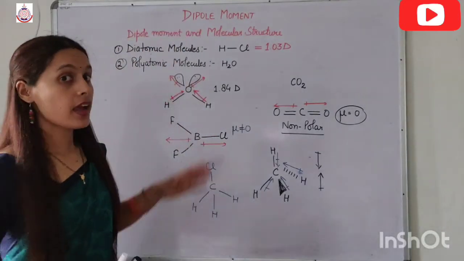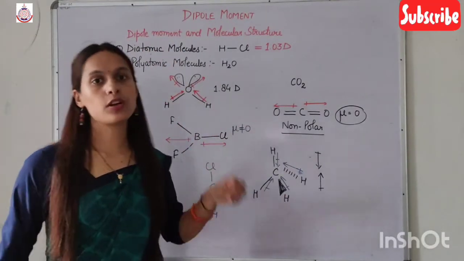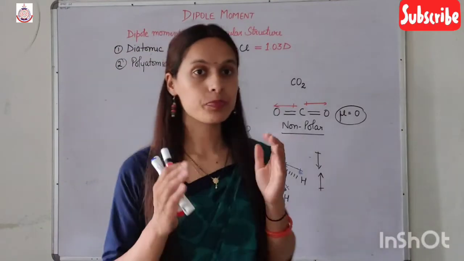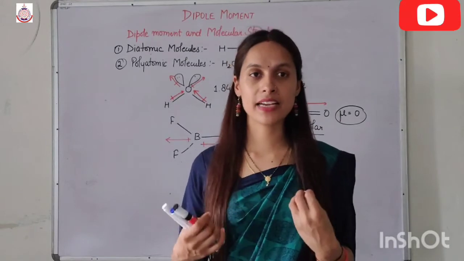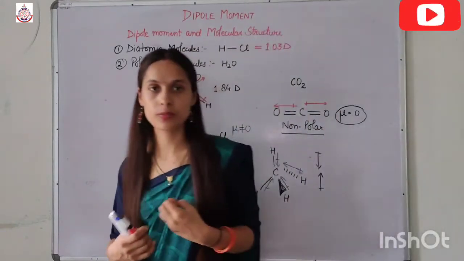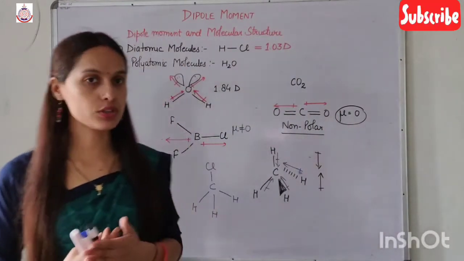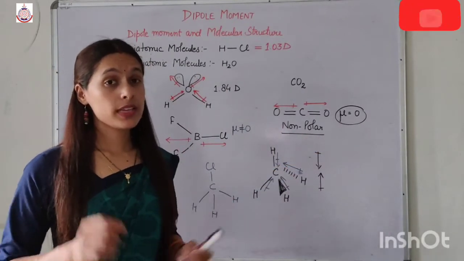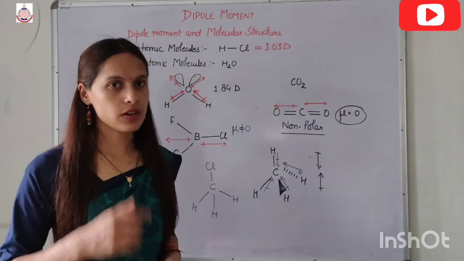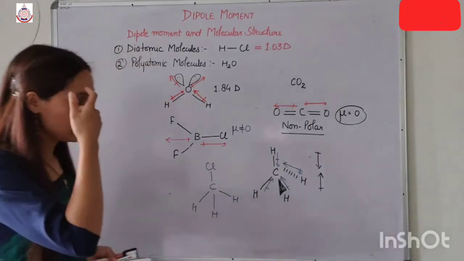In this case, if the central atom is surrounded by the same type of atoms, and if the shape is like that, it may be possible that the dipole moment of the molecule is equal to 0. Now there is a special case in dipole moment.